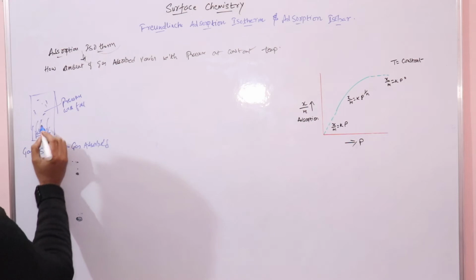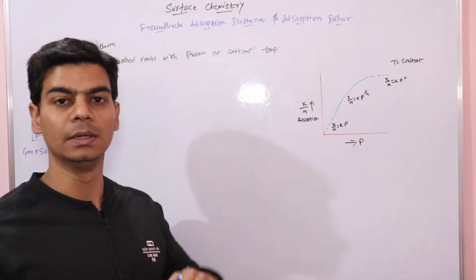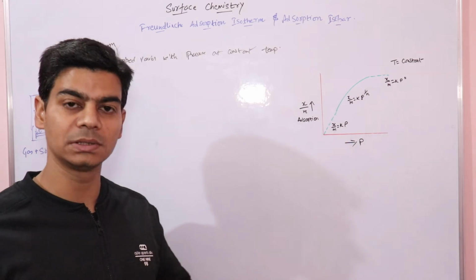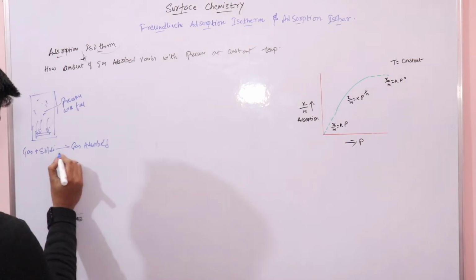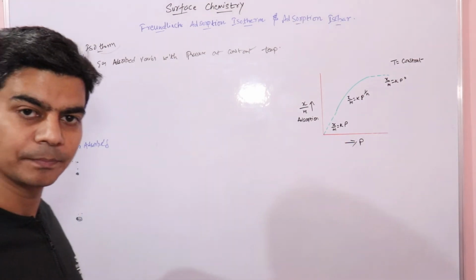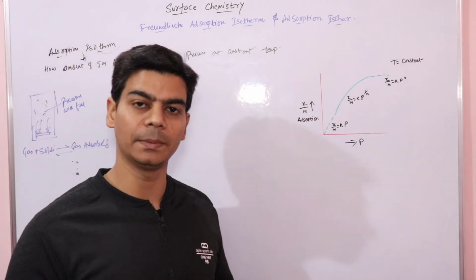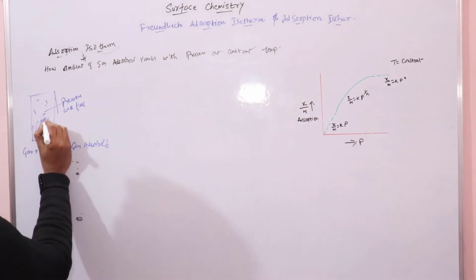But slowly some of the gas that gets adsorbed on the surface will leave the surface, that is, desorption will take place, right? So simultaneously in the reverse direction we have the process of desorption also taking place. Desorption means opposite of adsorption, so some of the gas will also leave the surface, right?